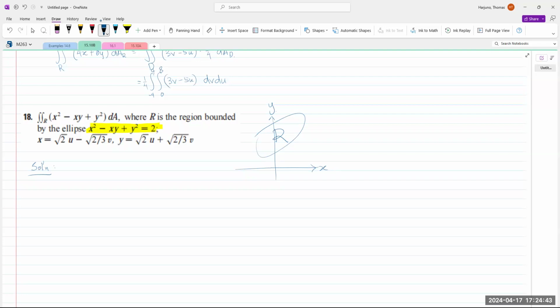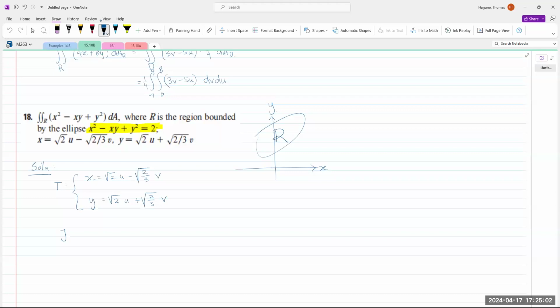But let's see the T first. T is x equals square root of 2 of u minus square root of 2/3 of v. y is square root of 2 of u plus square root of 2/3 of v.